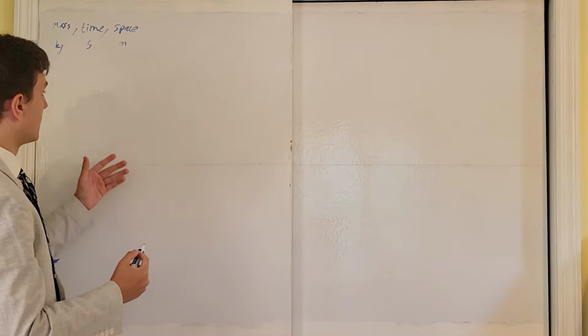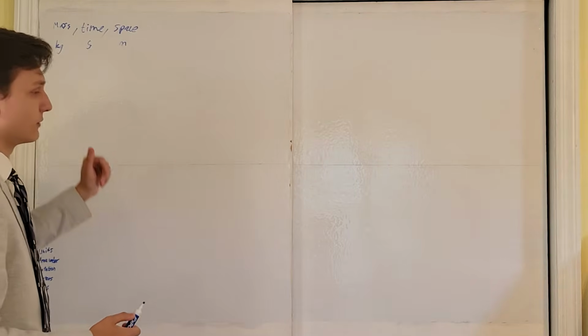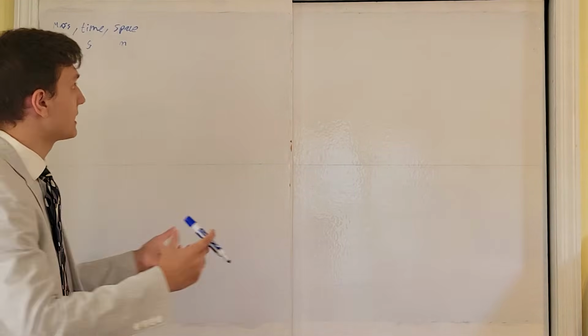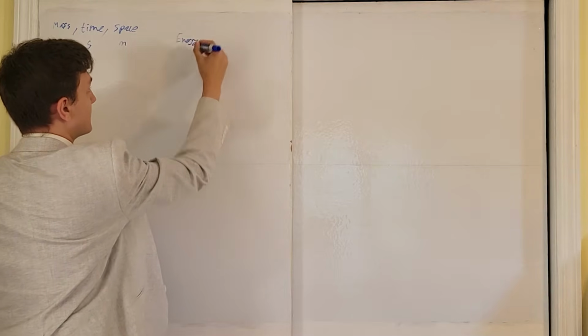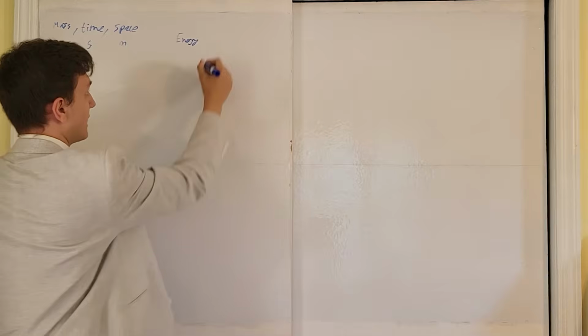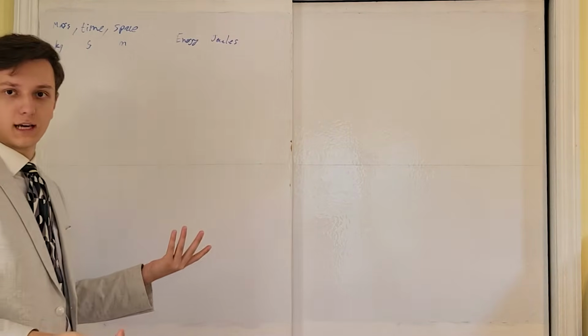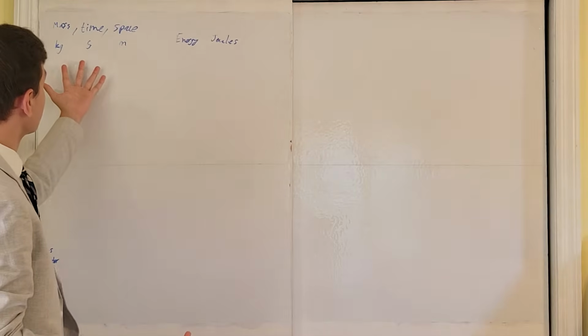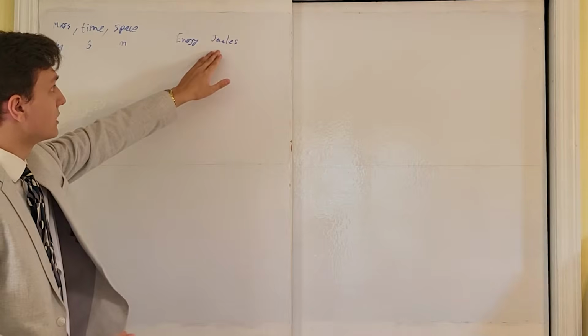Okay? So when I say that we will be able to express any quantity in terms of the three fundamental units, let me give you an example. Energy is a quantity that we will be looking at in this course. Energy has units of joules. Now, what does that mean? I thought Mr. Meek just said that there are only three fundamental units. Well, there are only three fundamental units.